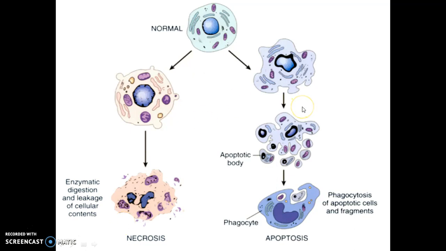What happens in apoptosis? There is no membrane damage. There is formation of small apoptotic bodies which have intact cellular membranes, intact organelles, and intact membranes of the organelles, and these apoptotic bodies are removed from the body by phagocytosis. The macrophages phagocytose these small apoptotic bodies.